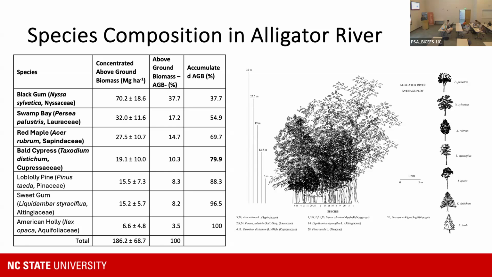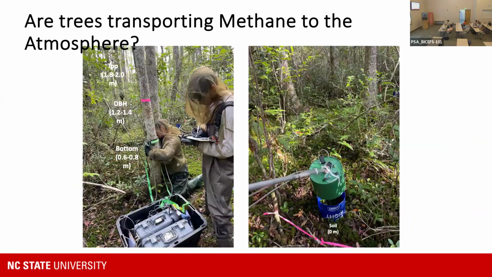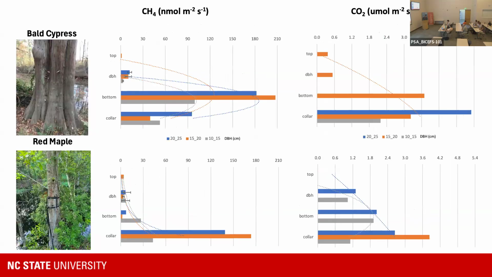That's a great observation because I really didn't know that about these two species, but it does make sense with the methane fluxes we're seeing from black gum being so high, and also Taxodium. Black gum and the bald cypress would be the most likely to be growing in very deeply saturated soils.